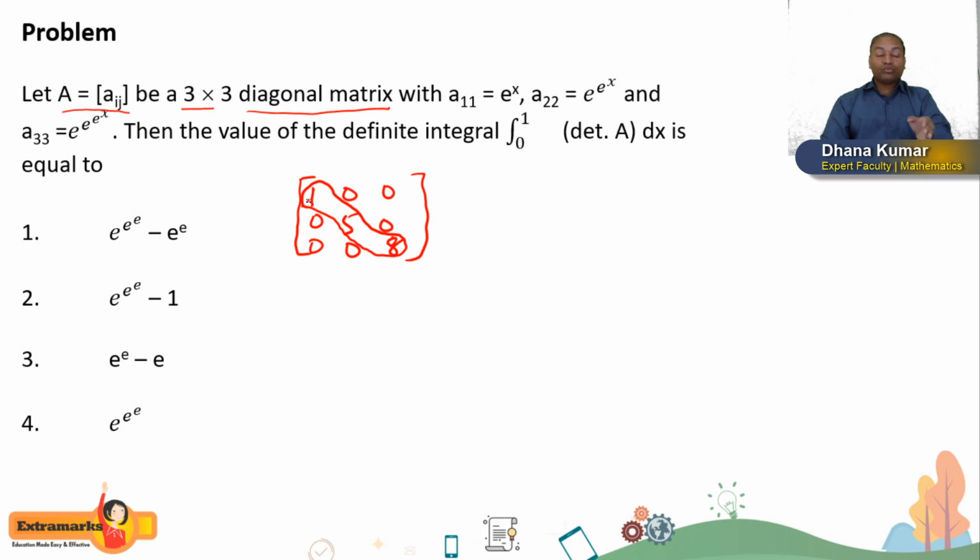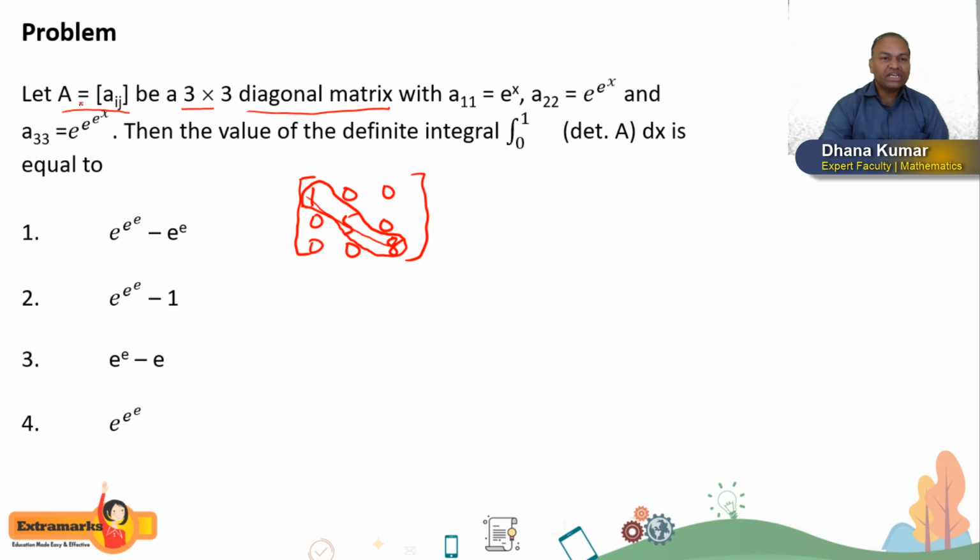Not all principal diagonal elements are zeros. Elements other than the principal diagonal are zeros in the square matrix, then the matrix is said to be a diagonal matrix. Right? Determinant of a diagonal matrix is what? It is the product of principal diagonal elements.